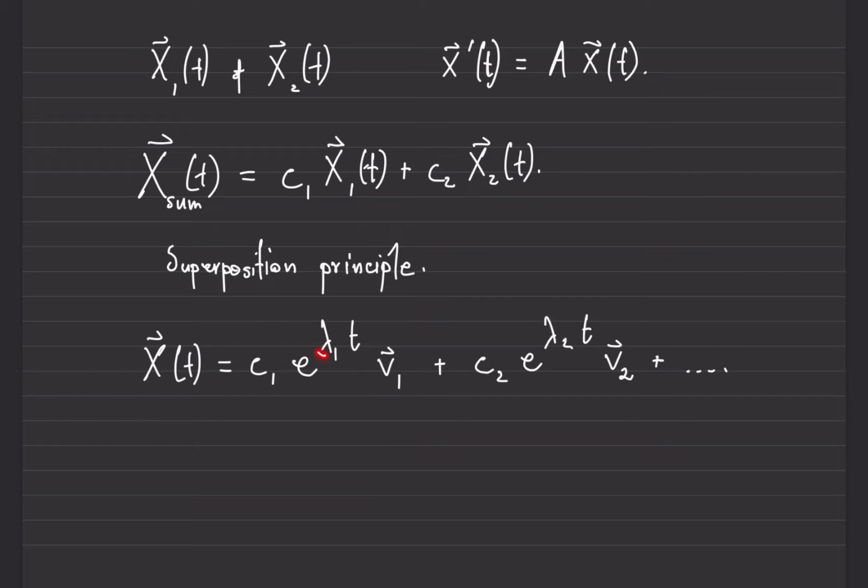So lambda 1 is an eigenvalue and its corresponding eigenvector is v1, and the same goes here. Lambda 2 is the second eigenvalue and its corresponding eigenvector is given by this.